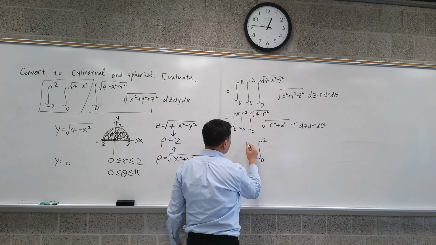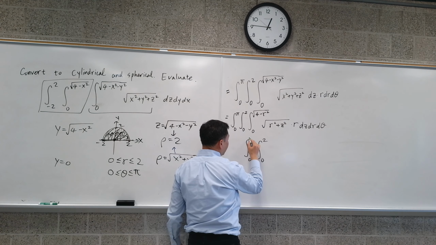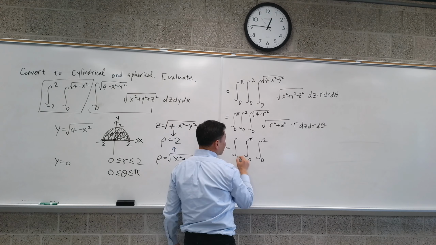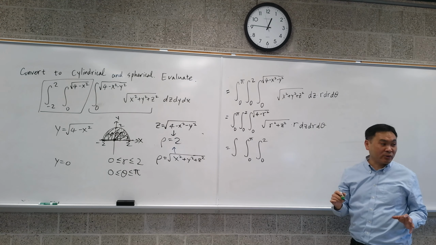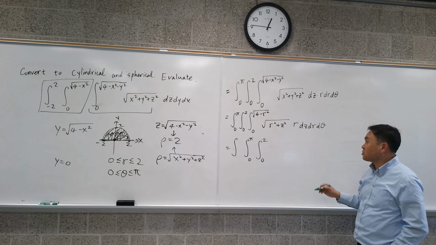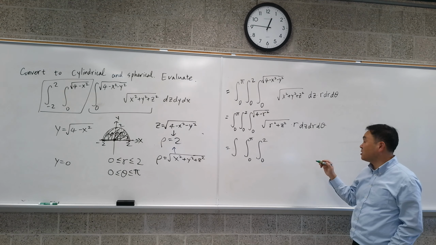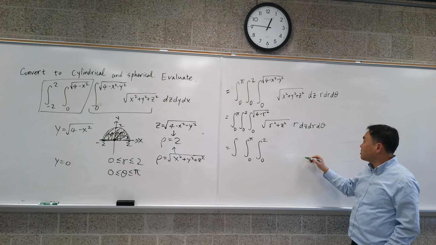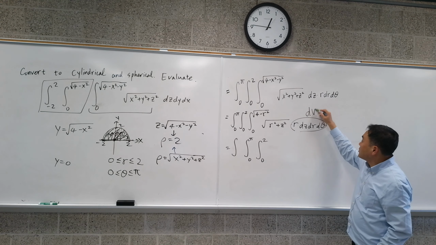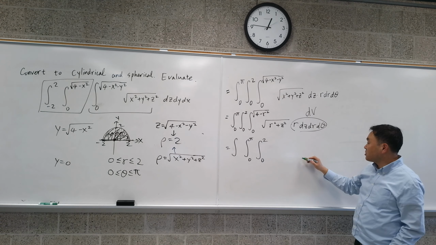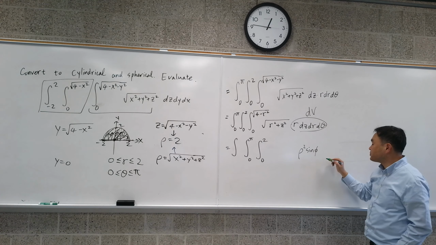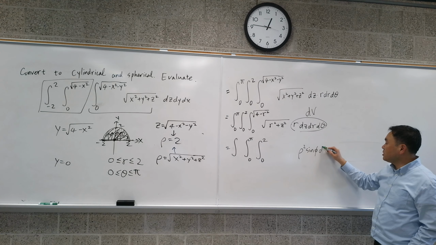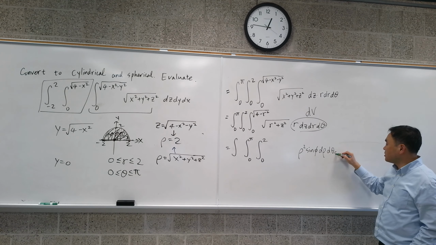And theta is the same, 0 to pi. That's one of the benefits of doing the cylindrical before doing the spherical. You figure out where the theta should go. The range of theta is easy. Okay, and remember this is dV for cylindrical, but for dV for spherical, you need rho squared sine phi, and you need d rho d theta d phi.